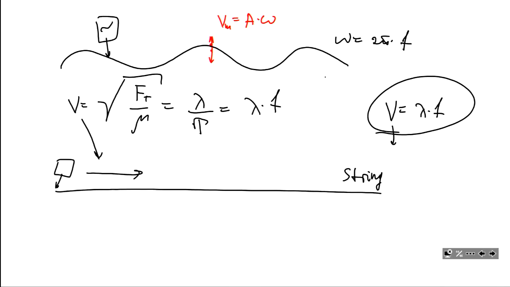So it's given as 330, 340 for a certain temperature, a certain pressure, and this number is assumed relative to the ground. But if you have an observer who is moving, that person will measure a different speed, that's it.